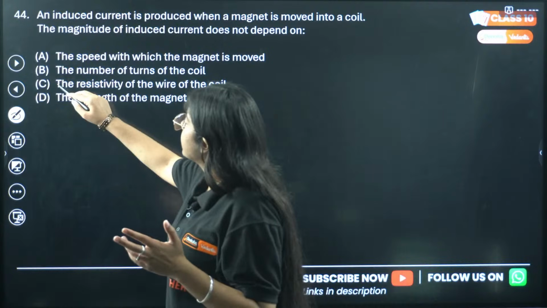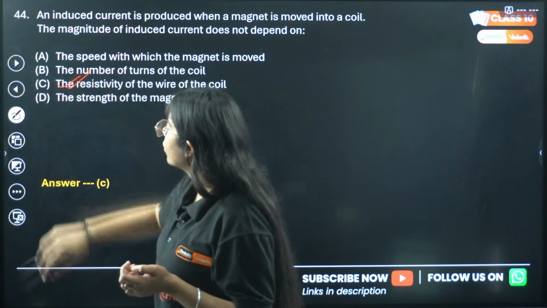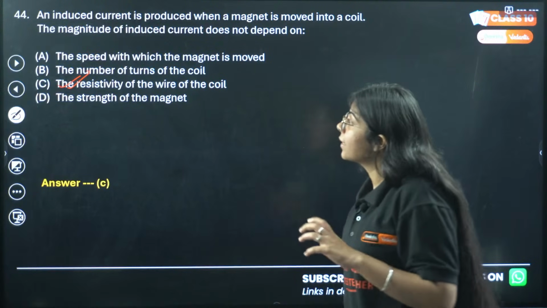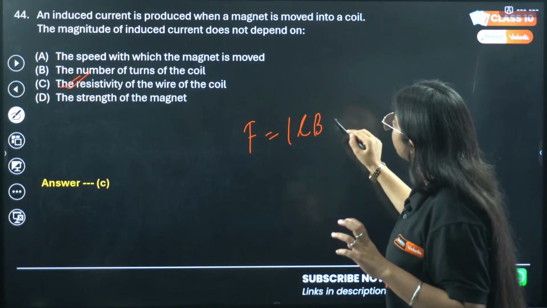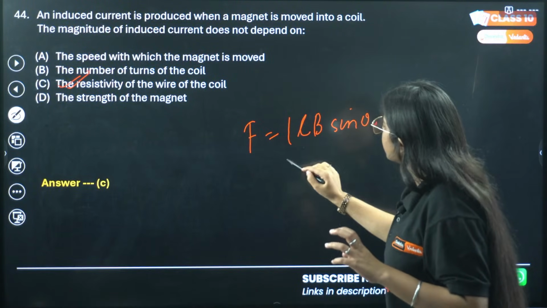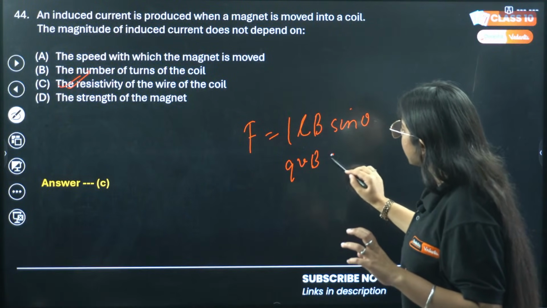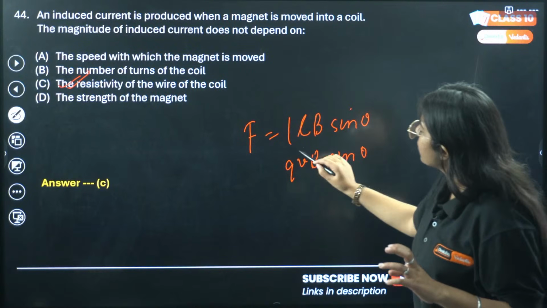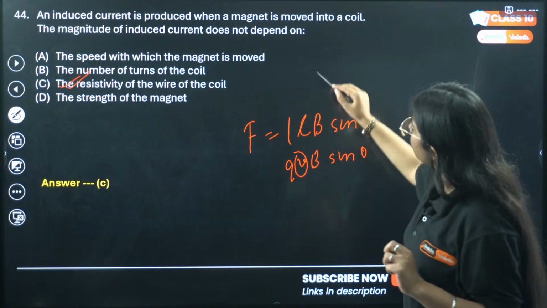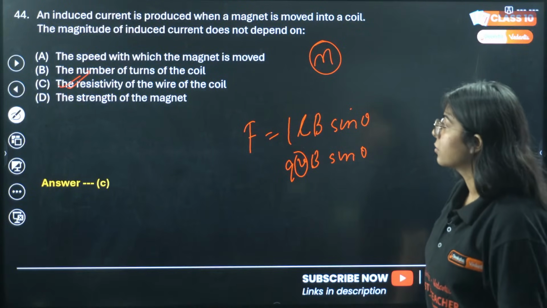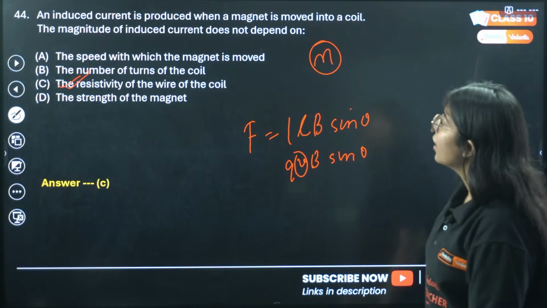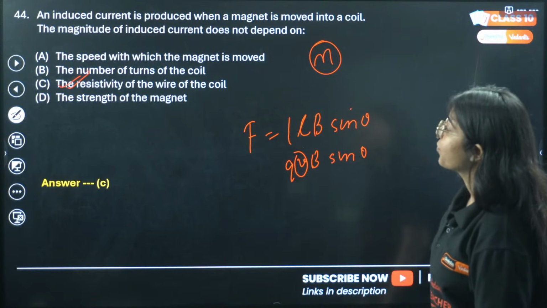Actually the answer is C. You guys are correct. Very good. The force can also be given as ILB sine theta or it's QVB sine theta. So it definitely depends on speed. It definitely depends on the number of turns of the coil, because as we increase the number of turns of the coil, the magnetic field increases.